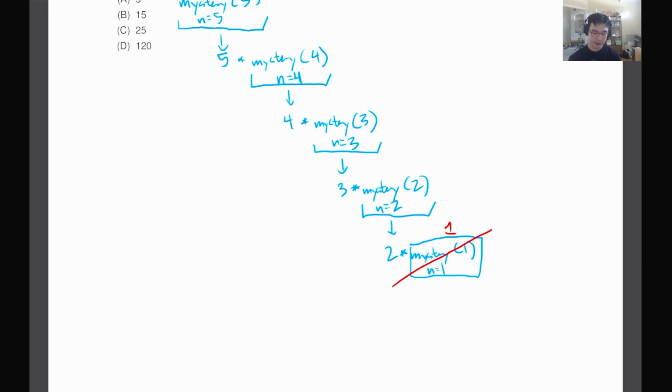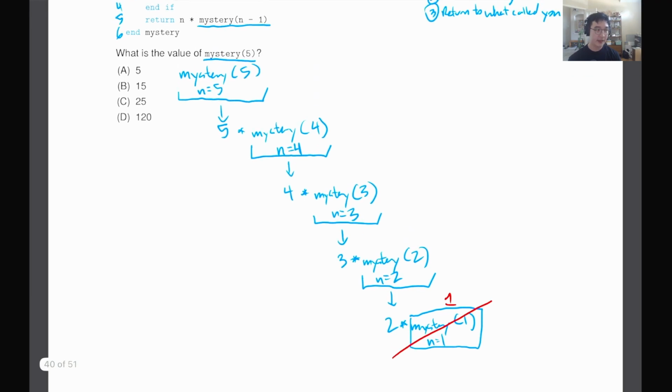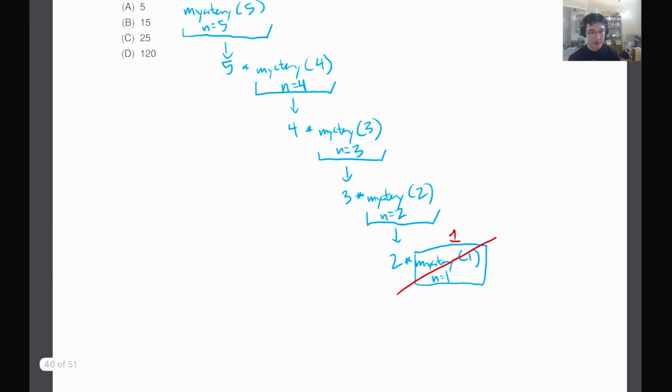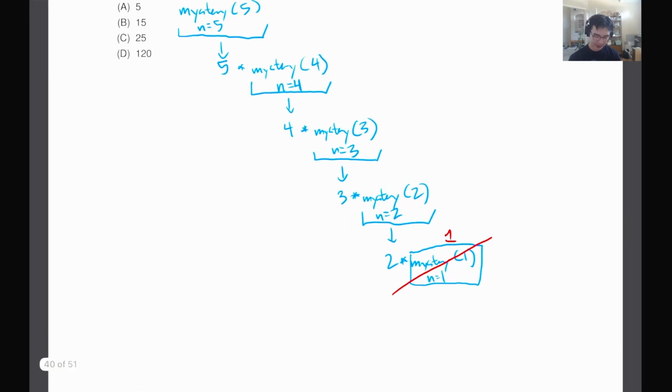Well, that's 2, right? And if we look at line 5, it tells me to return that value. Well, where do you return to? Let's look at rule number 3 again. Return to what called you. So what called that? It was this mystery 2 call, right? So mystery 2 is equivalent to 2 times 1, which is 2.